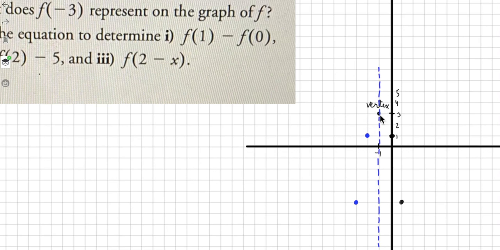So we are just going to draw the graph here, passing through all of these points. Same thing over there. So that's the way to graph it.